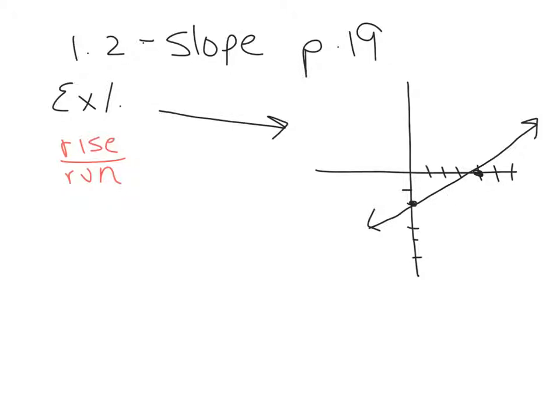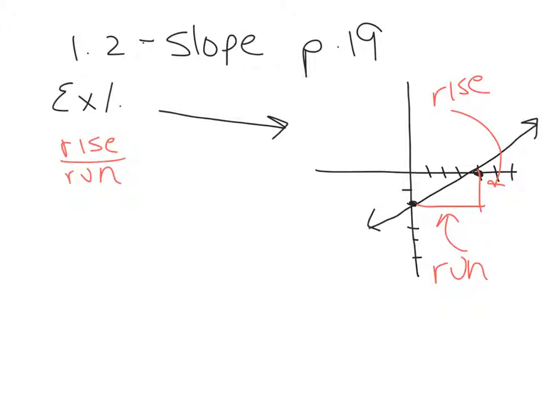Otherwise, look for where your line does cross the tick mark so that you're counting whole units. So we're going to make a vertical line and a horizontal line, just like this. Now, the vertical line is the rise, and the horizontal line is the run.